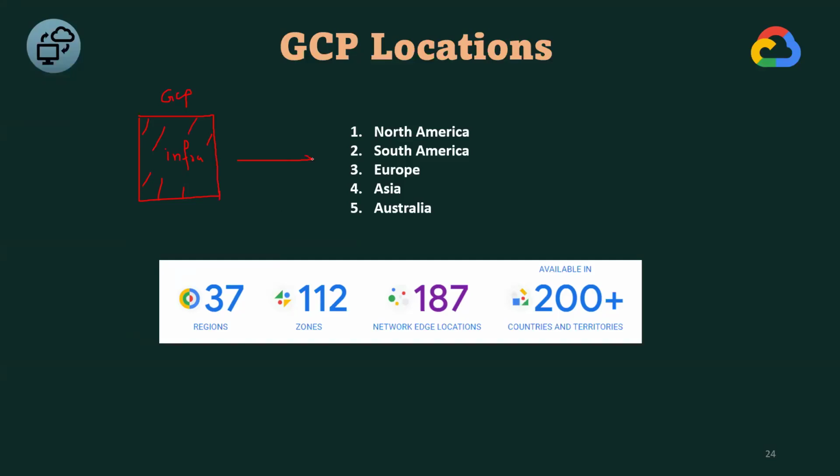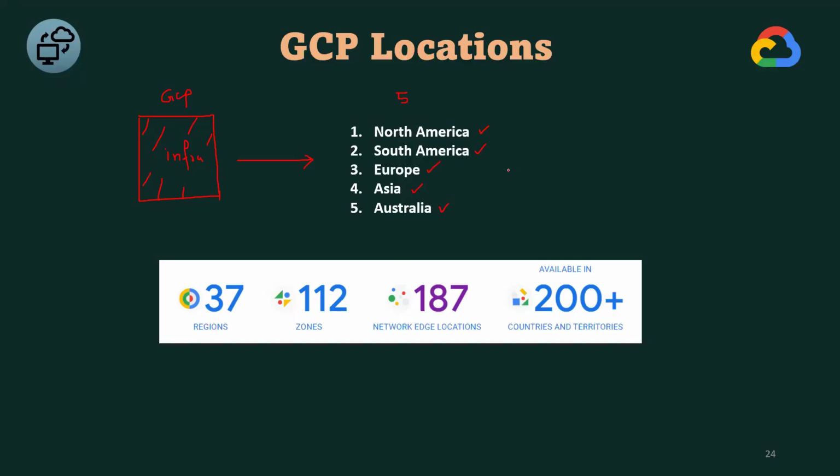This entire GCP infrastructure is divided into 5 locations. That means Google has its infrastructure in different locations. Those locations are 5, and they are available in North America, South America, Europe, Asia, and Australia.